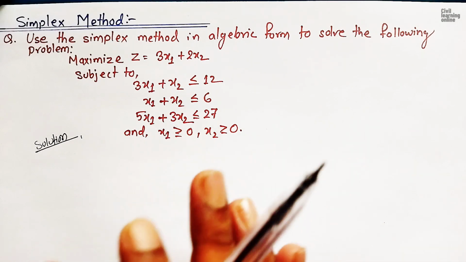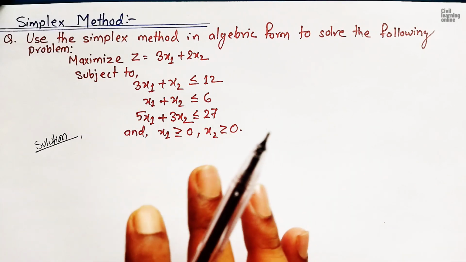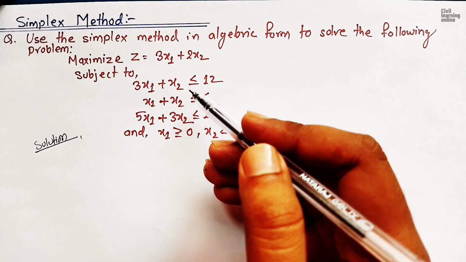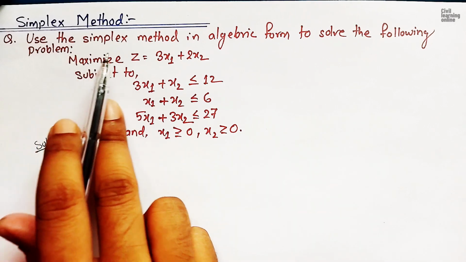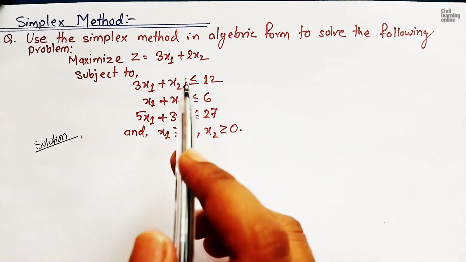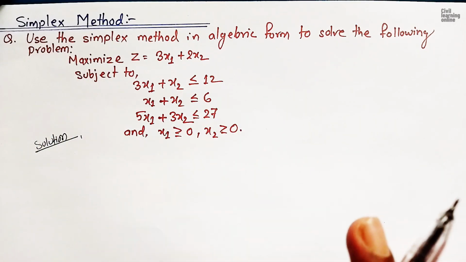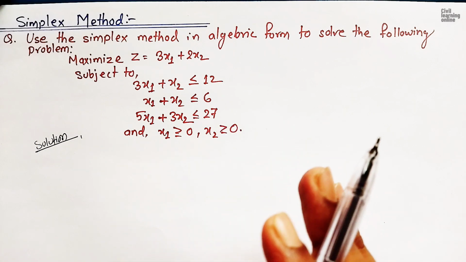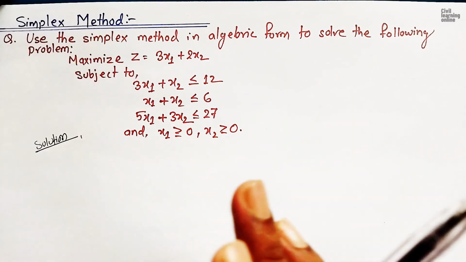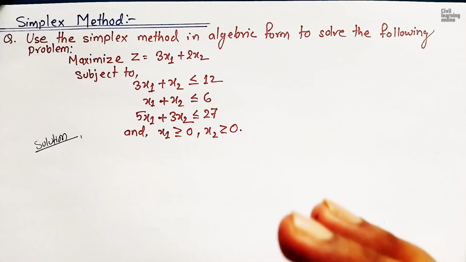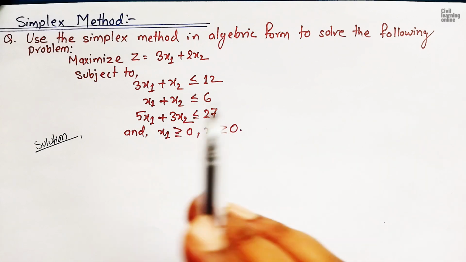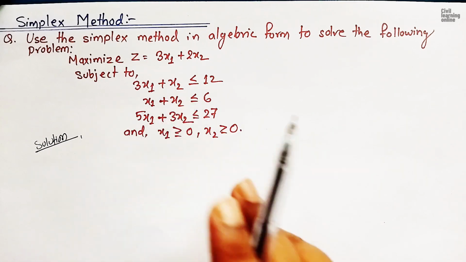If you have watched my previous video, then you know that in order to solve any system of equations using the simplex method, we have to convert the inequalities into equations. So how can we convert inequalities into equations? For the simplex method, we have to introduce some non-negative slack variables into the equation, which will help us convert the inequalities into equations.